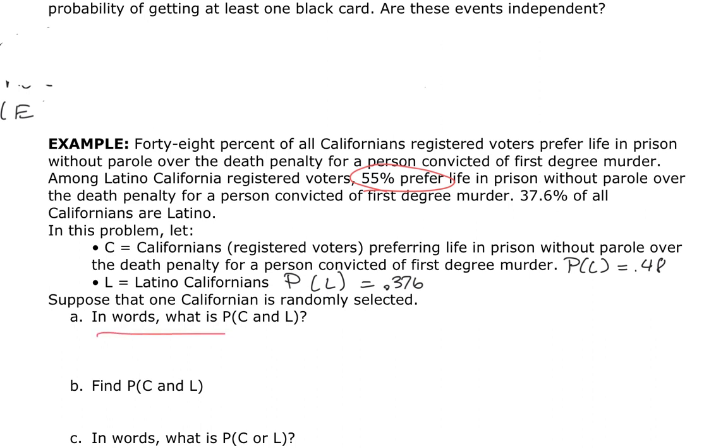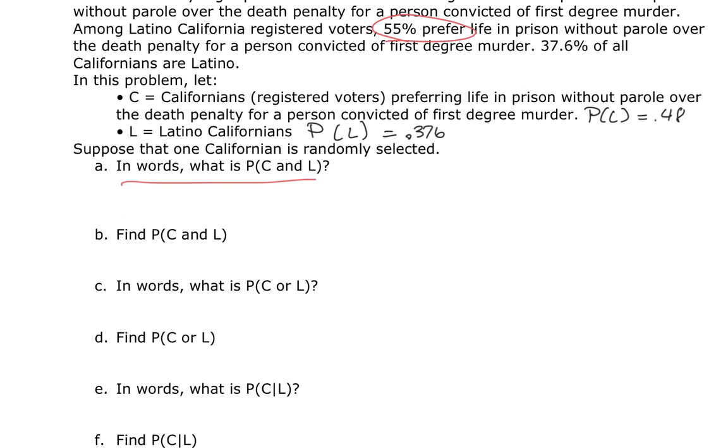So in words, that means the probability of choosing a person in California that's a registered voter who prefers life in prison versus the death penalty, and that person also happens to be a Latino. Okay, so now I want to find P and C.